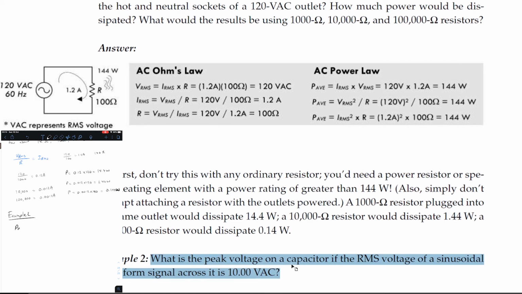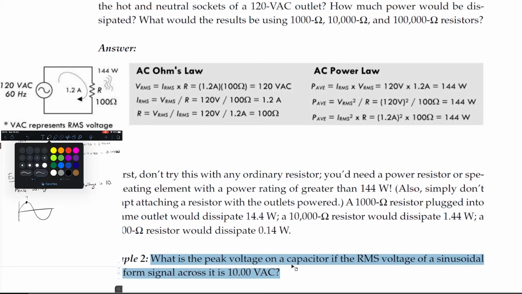So, peak voltage if RMS voltage is 10. An easy way to think about this is that we've got a sine wave like this, and we're asking what this value here is when we know the RMS value.